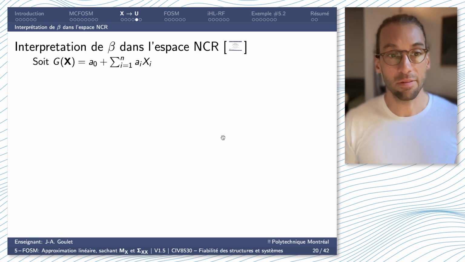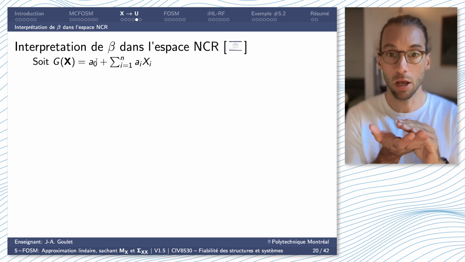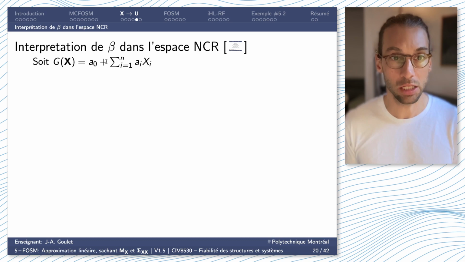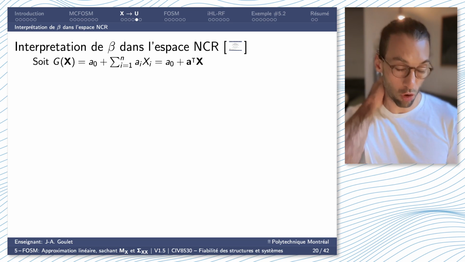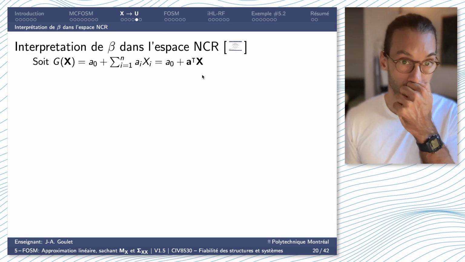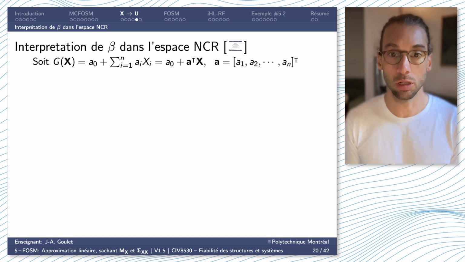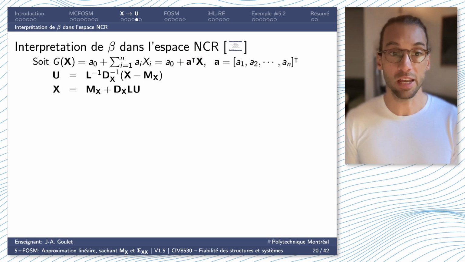Given that I have g of x, my limit state function, that I'm now going to want to approximate by a linear or affine function. So I'm going to have a0, a constant, plus the sum of ai xi. I can represent this in vector form as a0 plus a vector a times x, where a is my n-dimensional vector corresponding to the number of random variables I have in x.